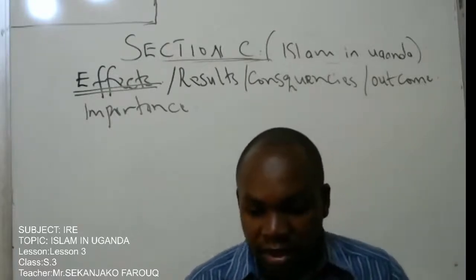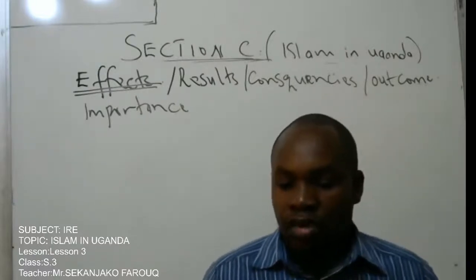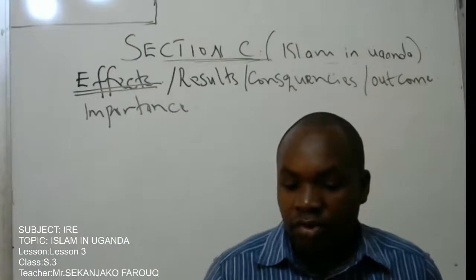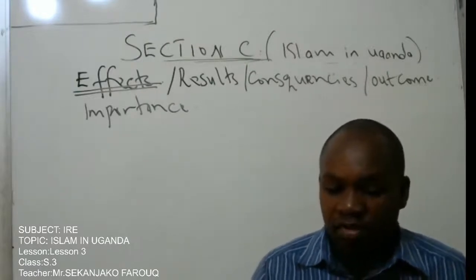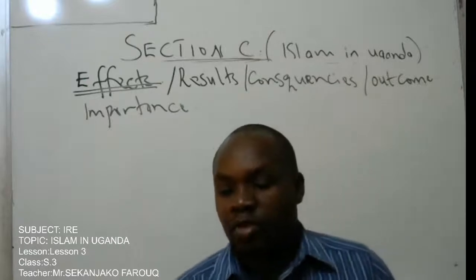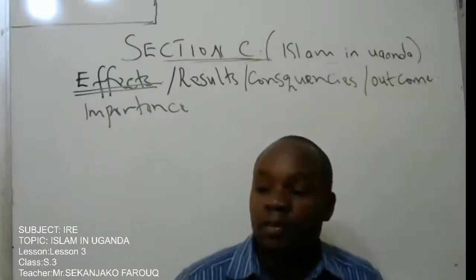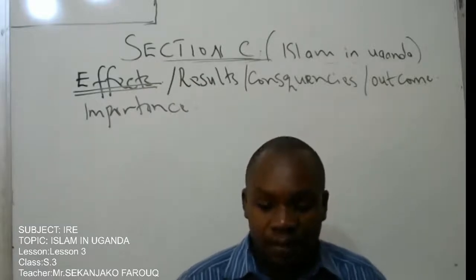Then next, after the war, Uganda was fully placed into the hands of the Christians who became administrators and controllers of the realm. The whole state was Christianized. This is the scenario up to the present.